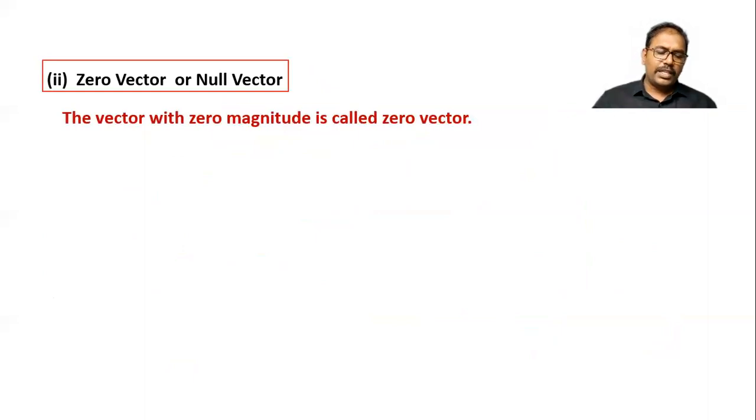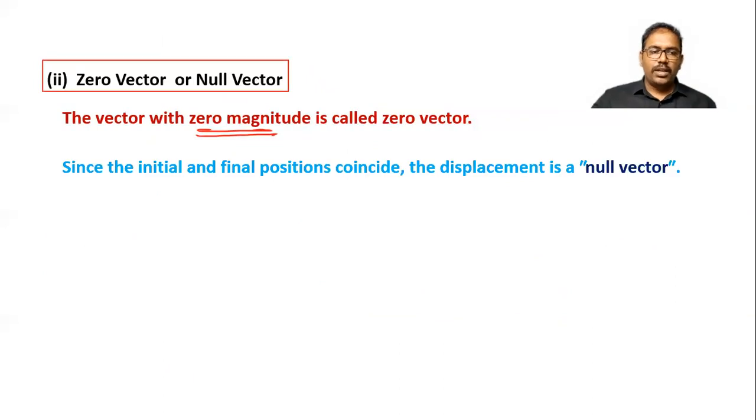After the unit vector, the next type of vector is the zero vector, also called the null vector. Basically, a vector with zero magnitude is called a zero vector or null vector. Since the initial and final positions coincide, displacement is 0.